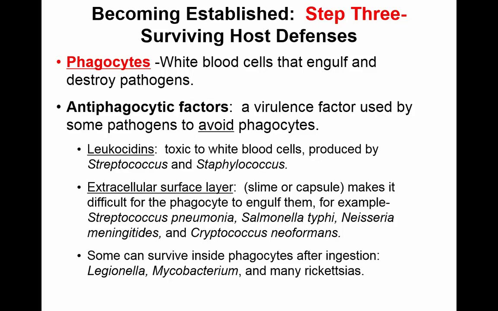Well, a lot of microbes have anti-phagocytic factors so that they can avoid being eaten. Sometimes they are toxic to the white blood cells. Sometimes they have an extra surface layer that makes it more difficult to be eaten up. And sometimes they can even survive after they've been ingested by the phagocytes, like Mycobacterium can.